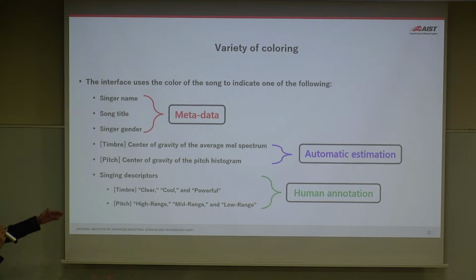And finally, we use singing descriptors annotated by a human annotator. We use clear, cool, and powerful as timbre descriptors, and high range, mid range, and low range as pitch descriptors.